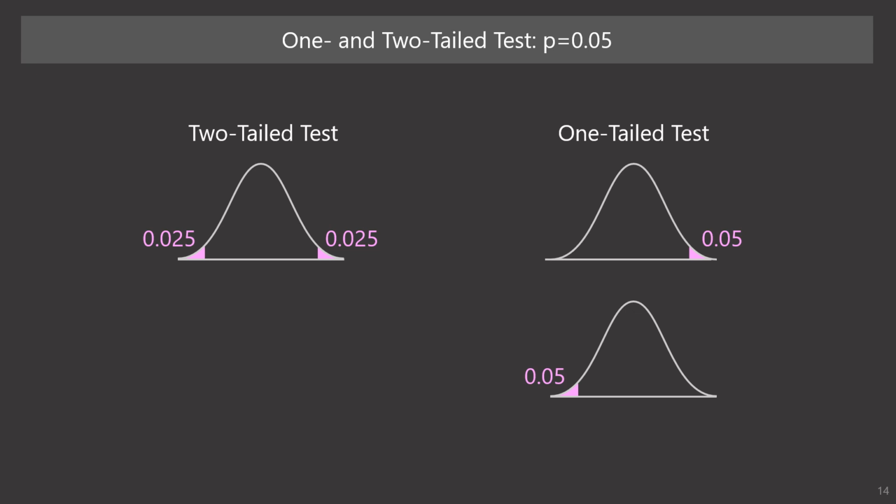Suppose we set the significance level at 0.05. In a two-tailed test, the 0.05 is the sum of the upper tail and the lower tail. So, each of both sides is 2.5%.